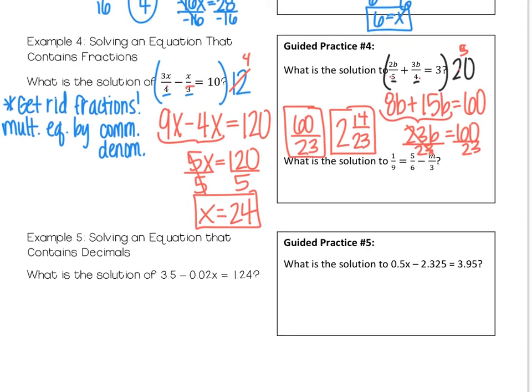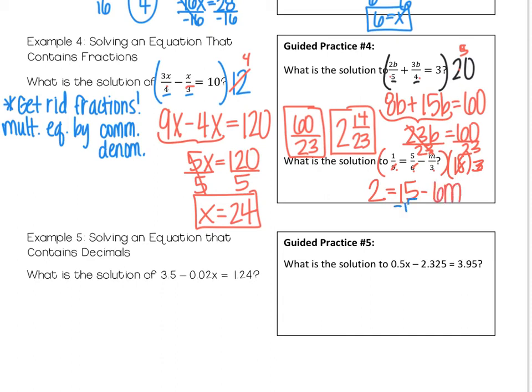Guided practice number 4. You have the common denominator of 18. So if you multiply the whole equation by 18, 9 will go into 18 2 times, so you multiply the numerator by 2 and you get 2. 6 will go into 18 3 times, so you multiply the numerator by 3 and you get 15. 3 will go into 18 6 times, so we're going to multiply m times 6 and we get 6m.